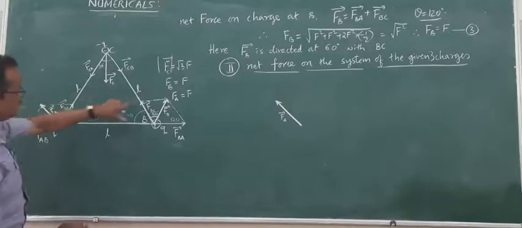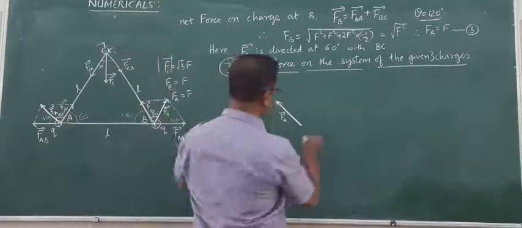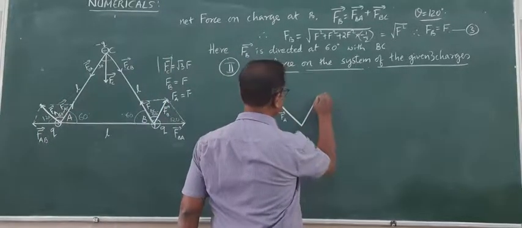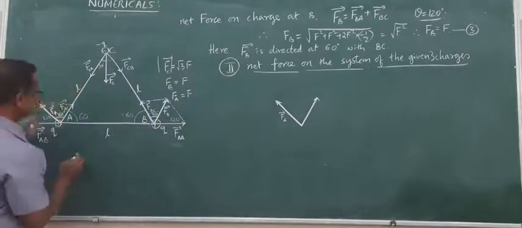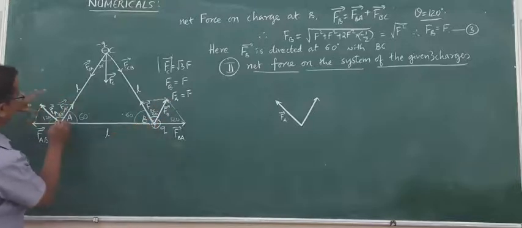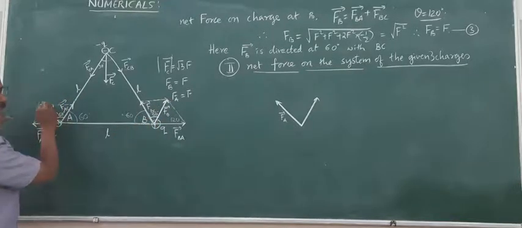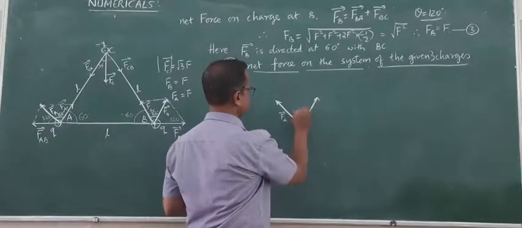So I am drawing FB parallel to side AC. Then naturally the angle between them is 60 degrees. This AC is parallel to FB. Therefore the angle between FB and FA is 60 degrees.